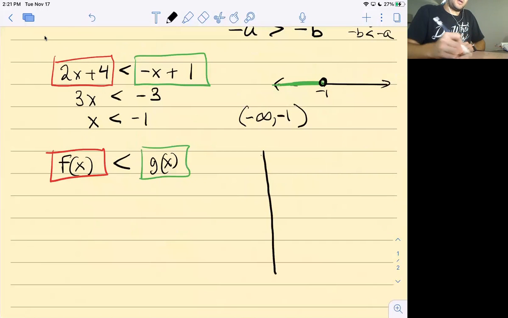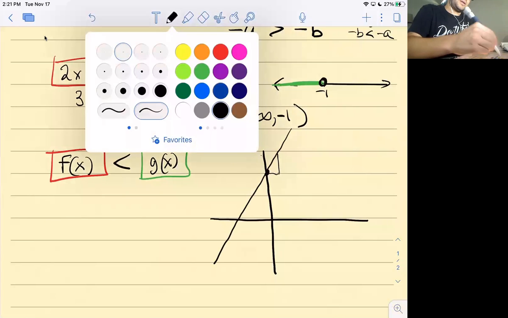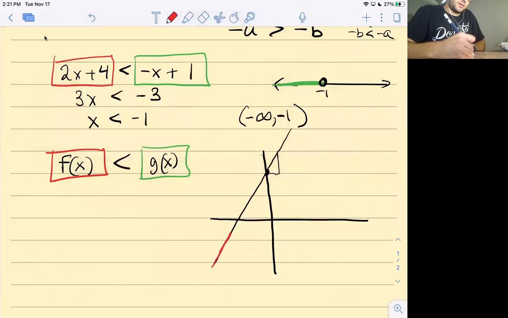So the first one, f of x equals 2x plus 4. Well, we know the intercept is going to be at 4, and we know it's going up 2 for every 1 over. So it's going like that. You know, it's just a rough sketch. So this is going to be the red line. And what's the slope of the green line, or of g of x?